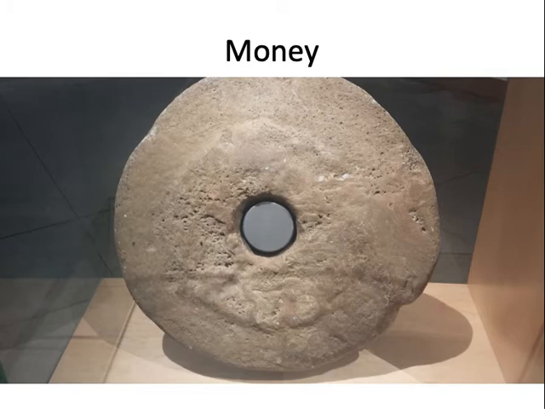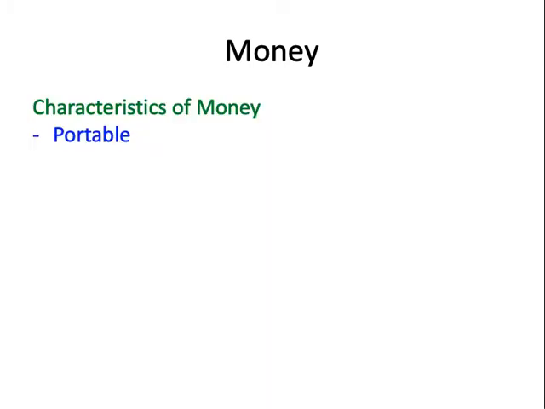This was one of the earliest forms of money, or earliest coins that was dated. It's from China, and I took a picture of it because I teach this course, and I saw it and thought, "Oh, that's fascinating," because how useful is this thing in terms of a piece of money, right? It's so huge. It's not portable. It's not easy to transact with, right? And so it loses its value.